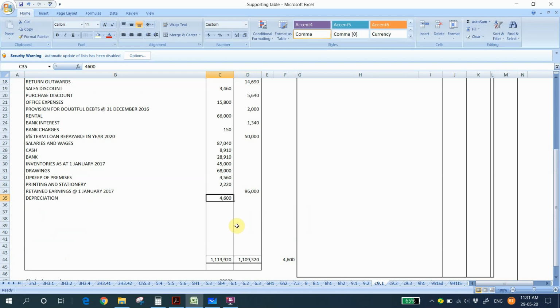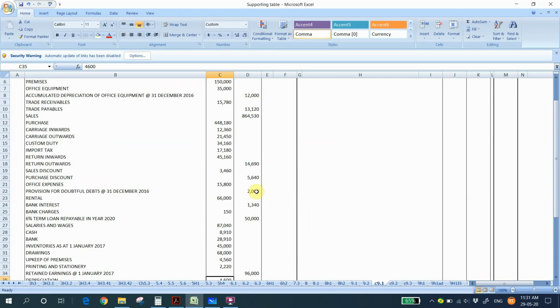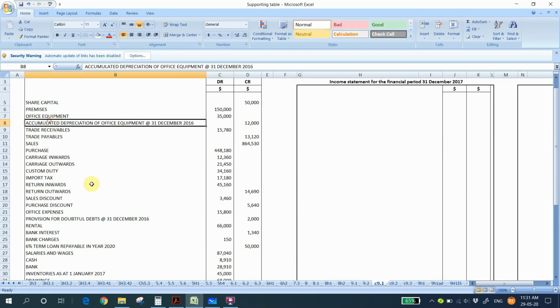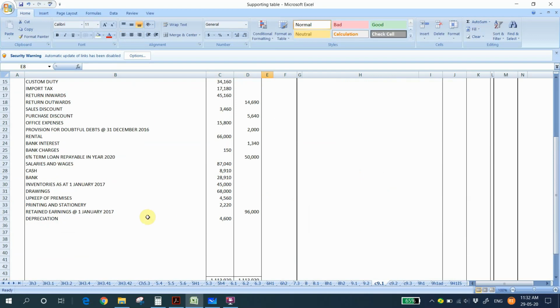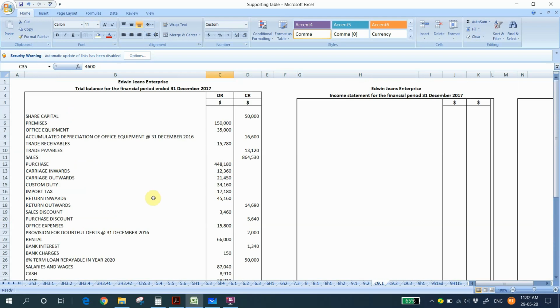And then for the credit, do we have an accumulated depreciation of office equipment account? If yes, then here we add the 4,600.